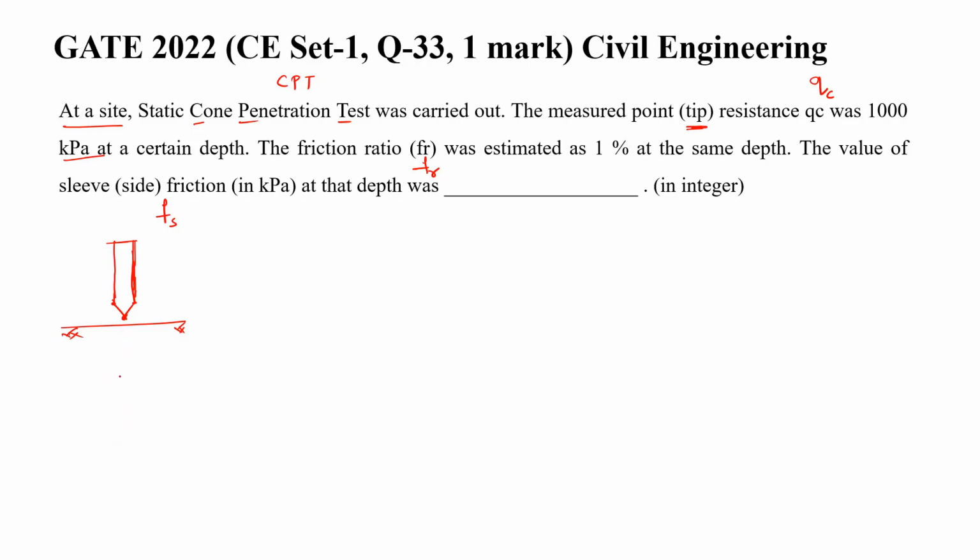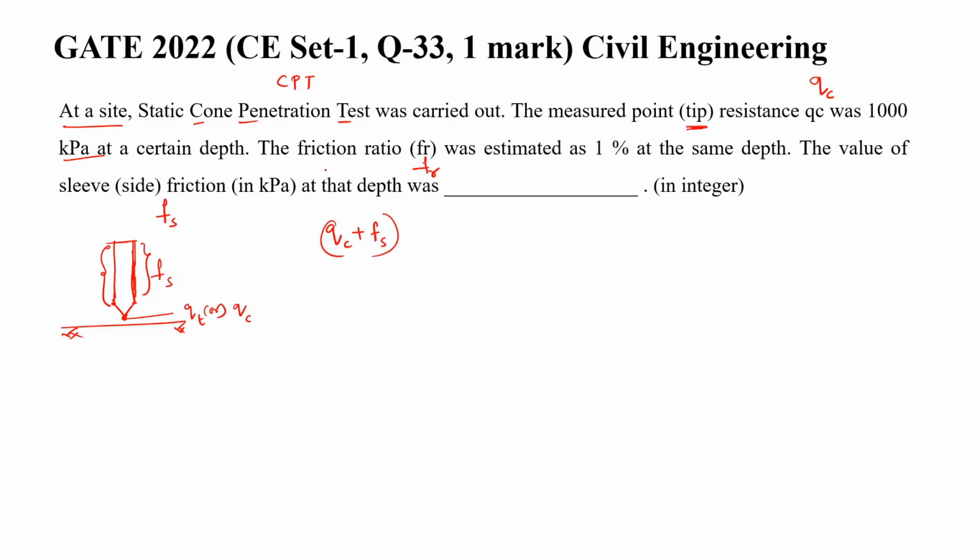Then the resistance from the soil comes at the tip and also on the sleeves, because it is nothing but a pile. A pile has a bearing resistance as well as frictional resistance due to surface friction. So here sleeve friction will come, here tip resistance will come. Total resistance, QT, will be QC plus Fs.